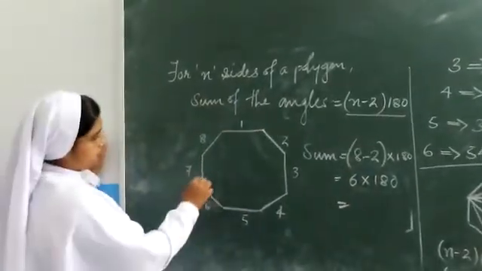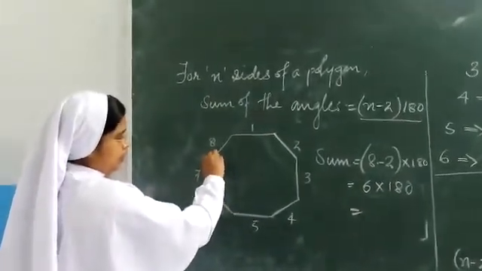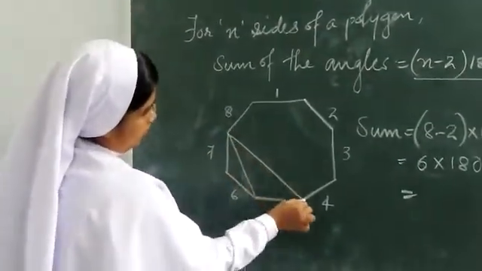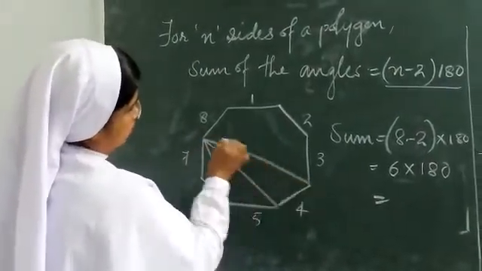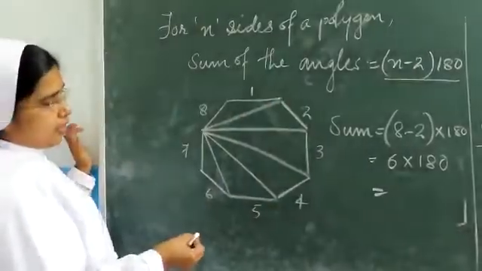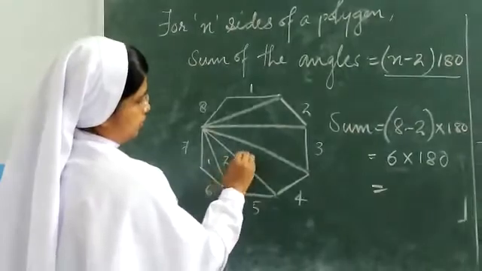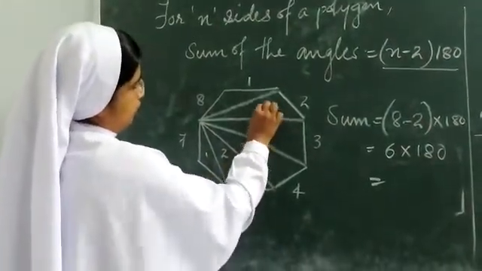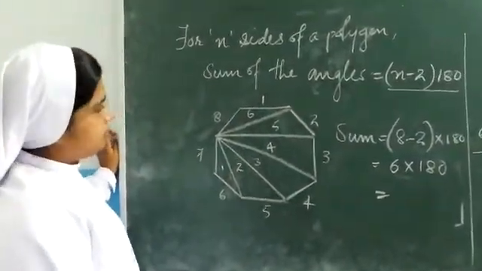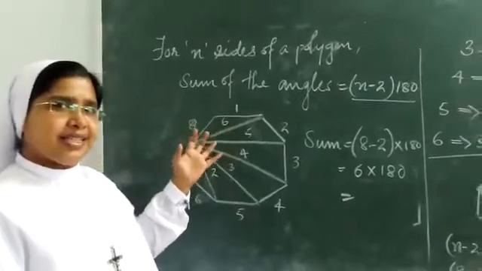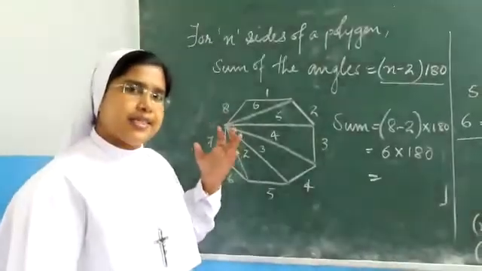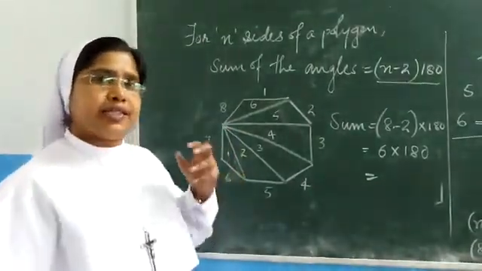Now you look here. I am joining from one vertex to the other. How many triangles are here? 1, 2, 3, 4, 5, 6. 6 triangles are drawn here. Now, what is the sum of the angles of a triangle?